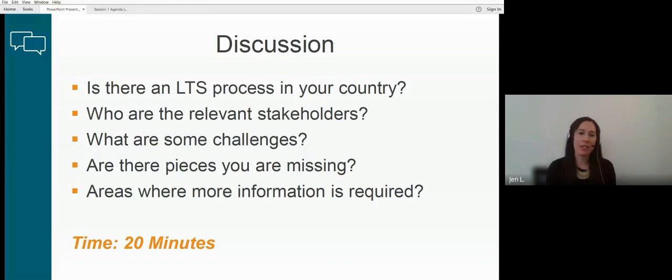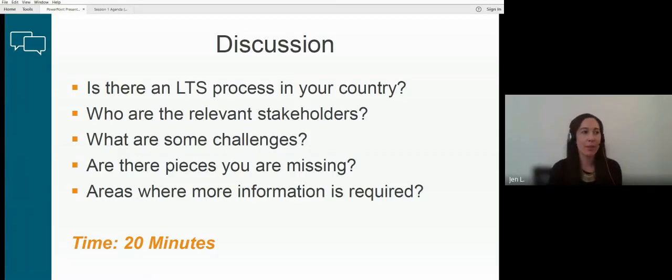So if you are currently undergoing some type of start to an LTS process, will you type that in the chat box so we can get a feel for how many people or how many countries, perhaps type the name of your country in the chat box so that we can get a feel for how many folks are starting to go through this process.